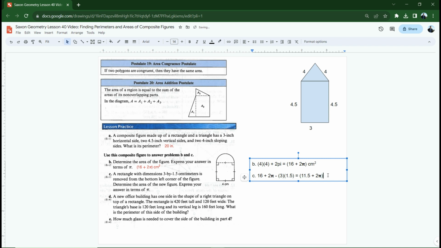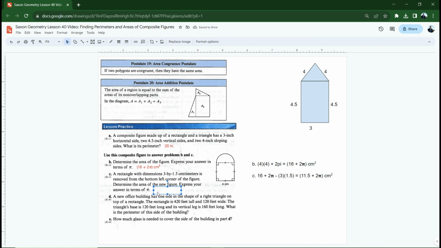And let me just make sure that I've got this right here. Okay, so put our centimeter squared label at the end. And then here, let's check. 11.5 plus 2 pi centimeters squared. And all I did was I subtracted a rectangle, 3 by 1.5, from the corner here.